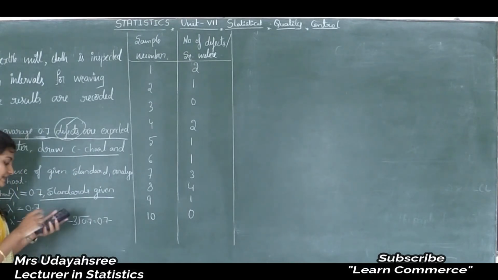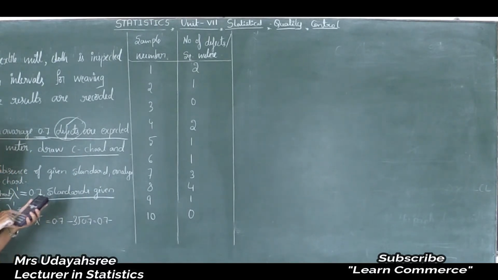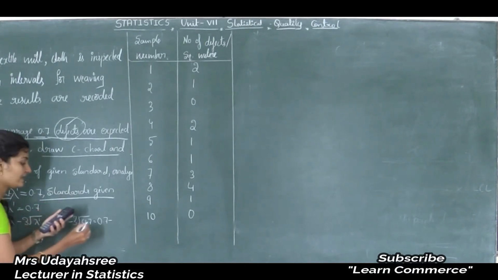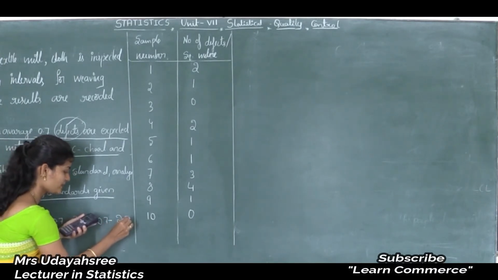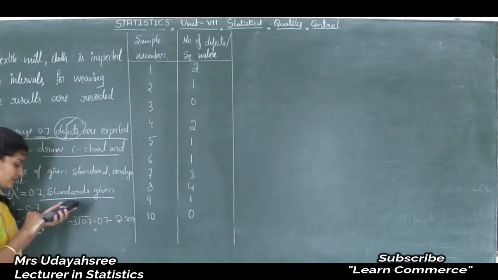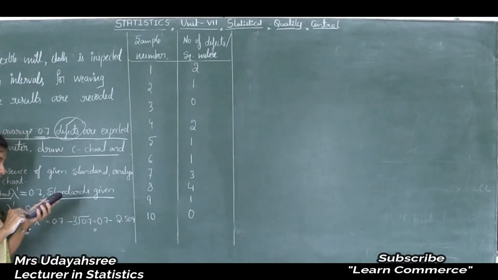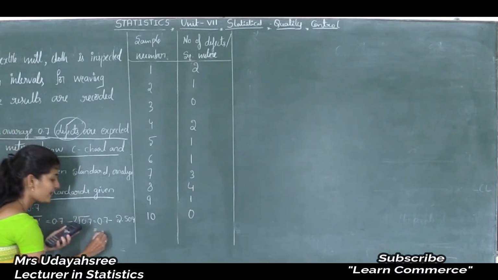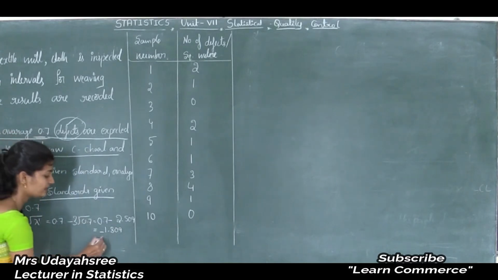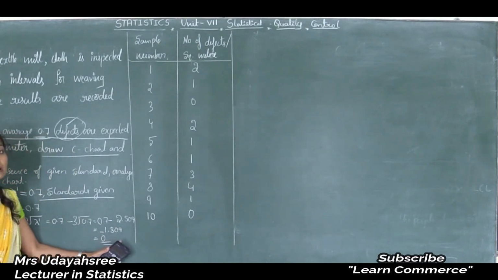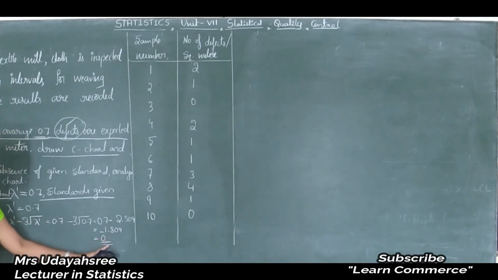The square root of 0.7 is 0.836, into 3 is 2.509. So 0.7 minus 2.509 is minus 1.809. This is a negative value, therefore it is taken as 0, because the number of defects cannot be negative. Negative values are considered as 0 only.